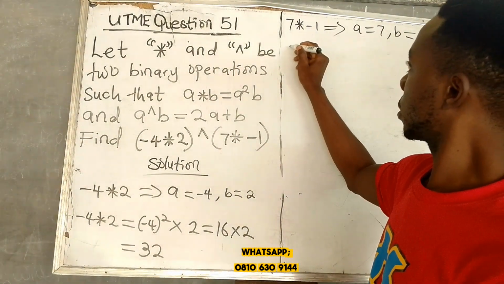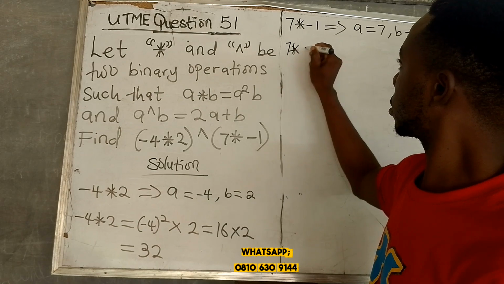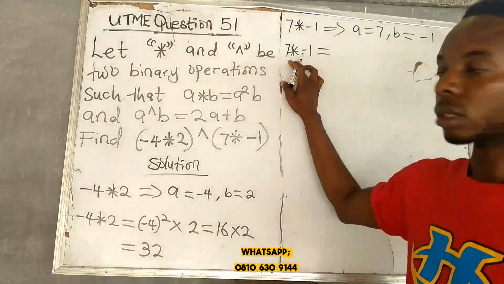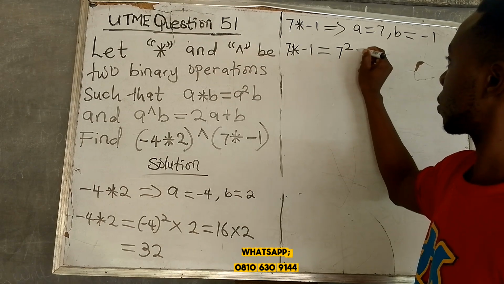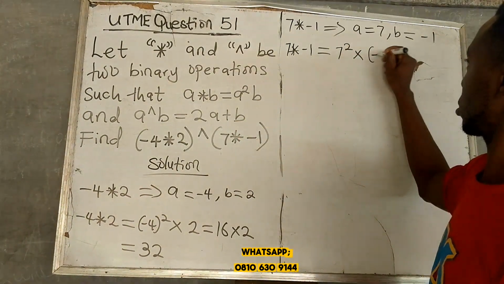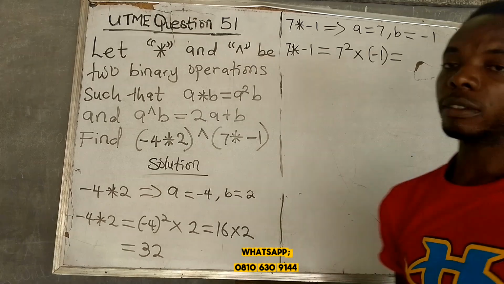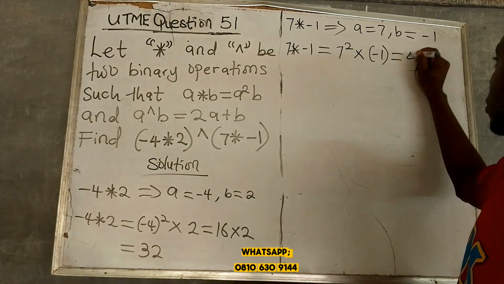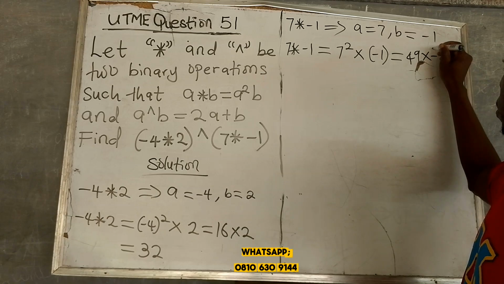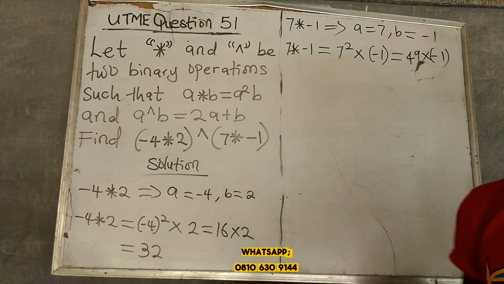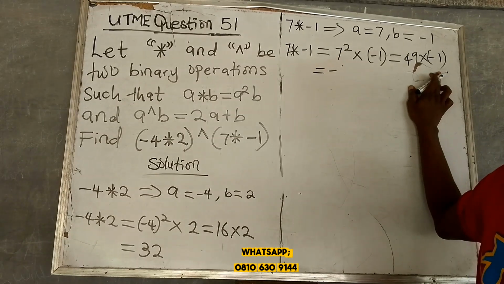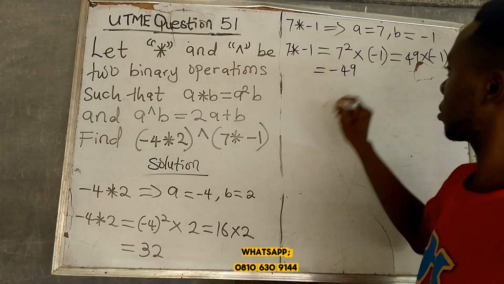Therefore, 7 asterisk minus 1 will be equal to a, which is 7, squared, multiplied by b, which is minus 1. 7 squared is 7 times 7, 49, multiplied by minus 1, which will give me minus 49.